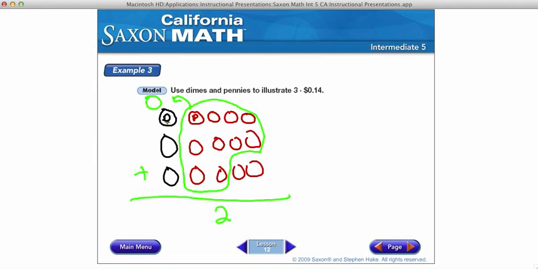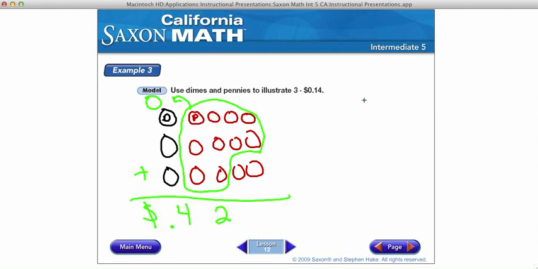So now I have 1, 2, 3, 4 dimes, but we count this as 10, 20, 30, 40 cents, or I have 4 dimes. So I have a total of 42 cents.